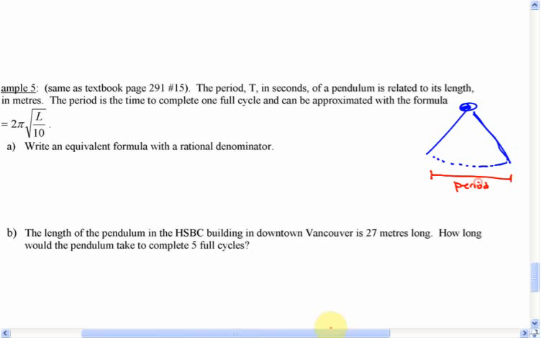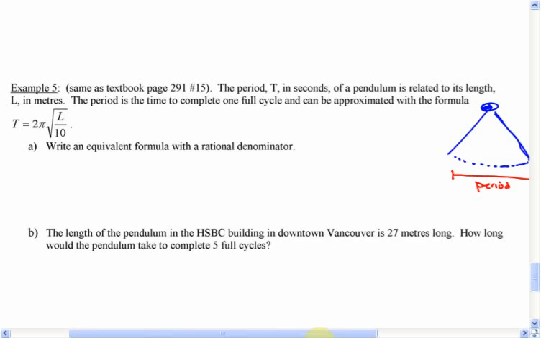It is approximated by this math formula: T, the period, is equal to 2 times pi times the square root of the length divided by 10. That's just a formula that people in physics came up with that describes the relationship between time and the length of your stick. So a shorter stick, like a pencil, is much faster.